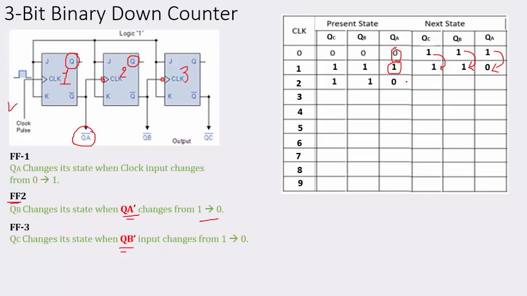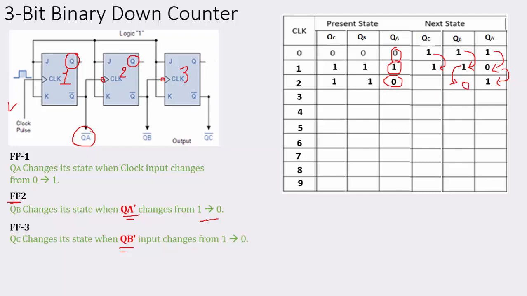Now this will be the present state. This will toggle from 0 to 1. Now QA changes from 0 to 1. That means QA bar will change its state from 1 to 0, so this state changes from 1 to 0.